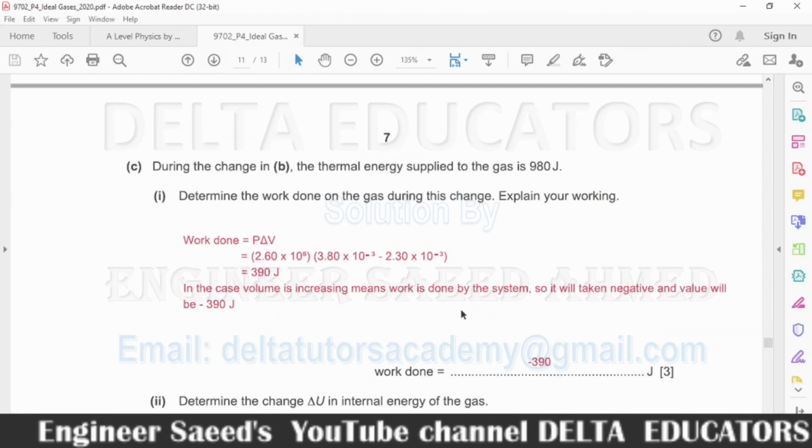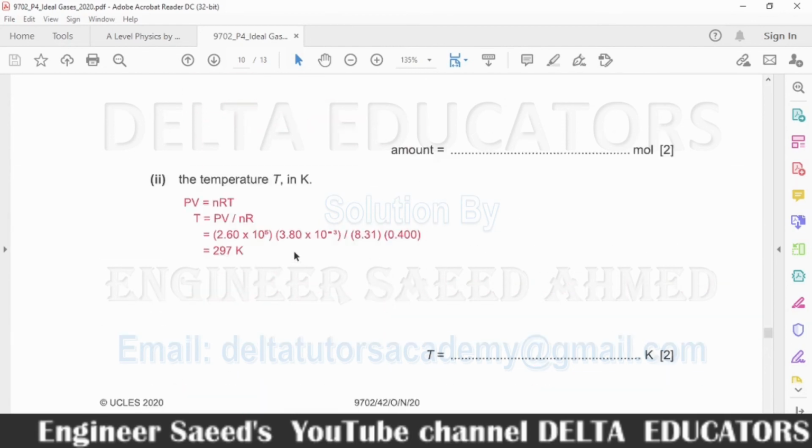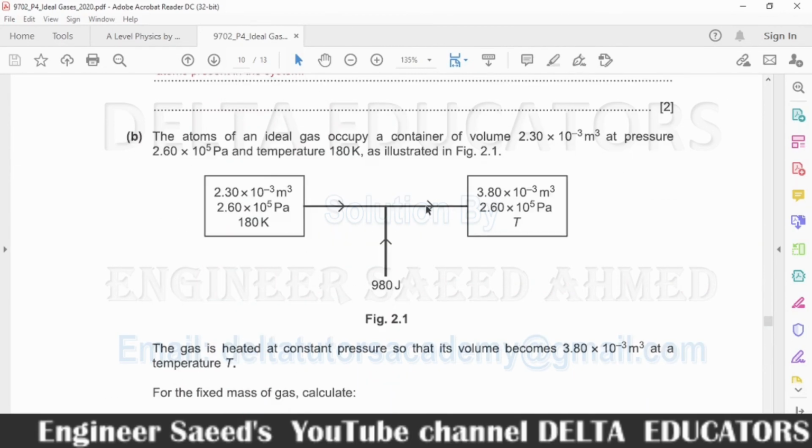Part C. During the change in B, the thermal energy supplied to the gas is 980 joules. Determine the work done on the gas during this change. Explain your working. Work done is given as the product of pressure and change in volume. Pressure is given, 2.6 × 10^5 Pa.